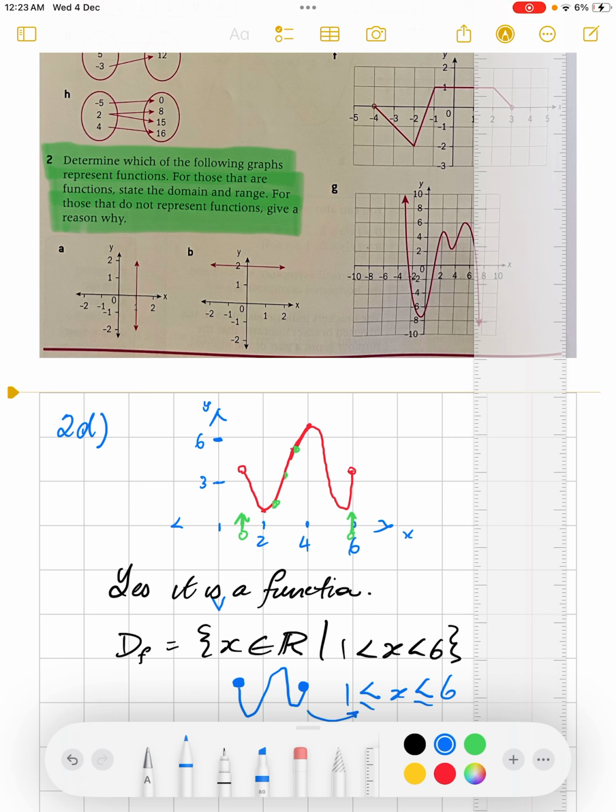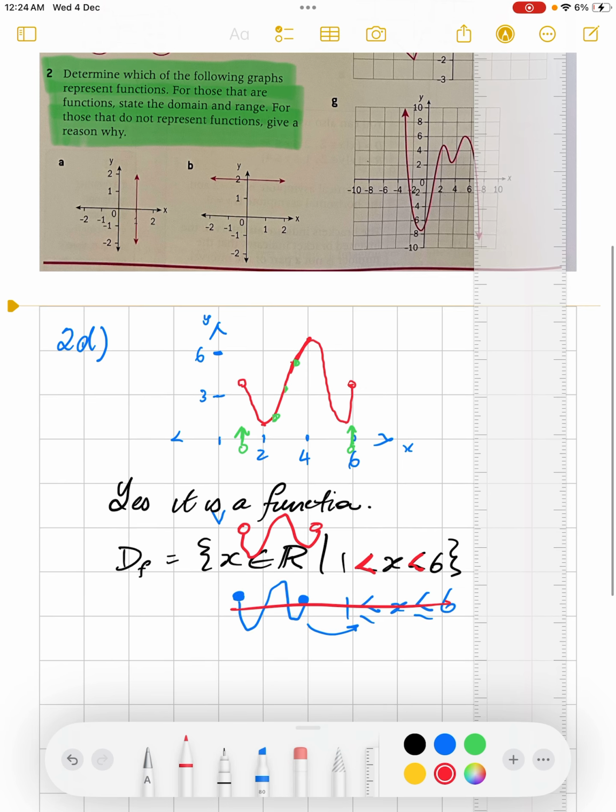But because it's a hollow dot and a hollow point on the graph, we just put between. So that doesn't include the value 1 and 6. That's our domain.